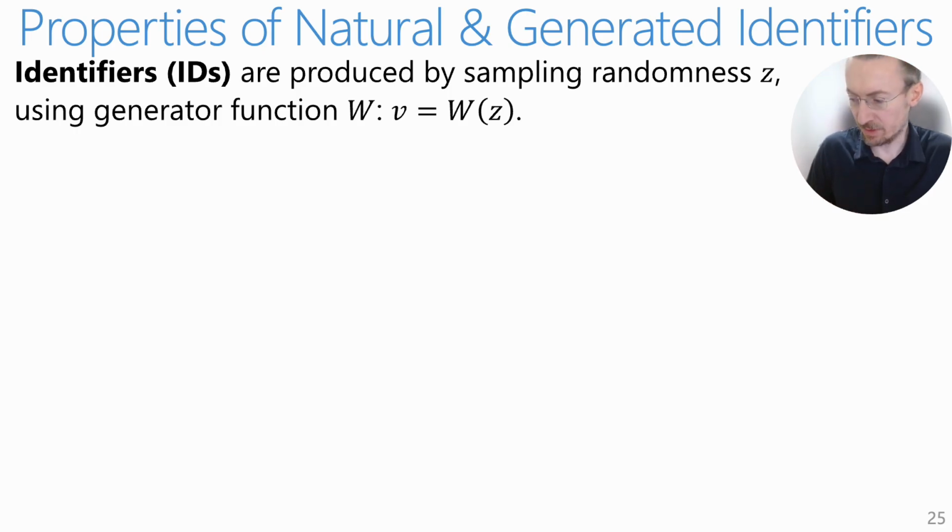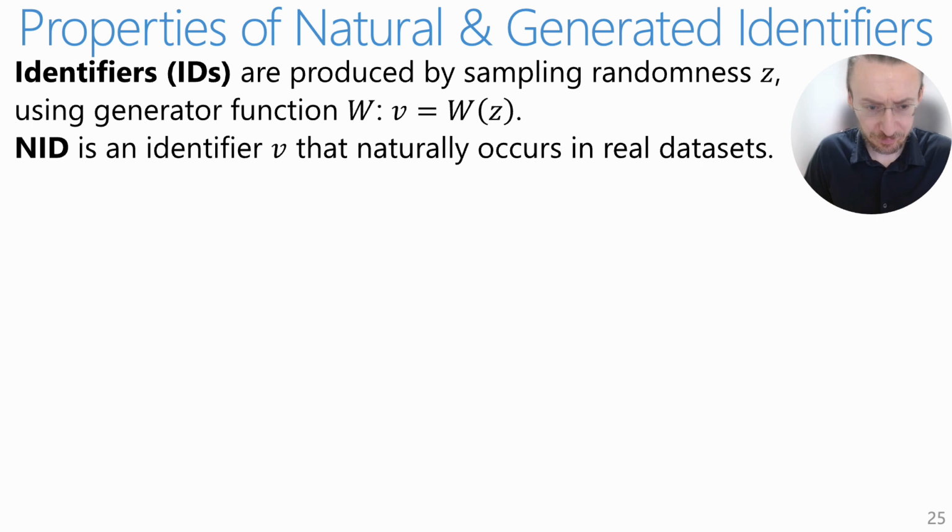For example, we can take the current date and hash it, and this can be one of the ways to provide randomness. And so V becomes our natural identifier that naturally occurs in real datasets, like in Dolma or the Pile.